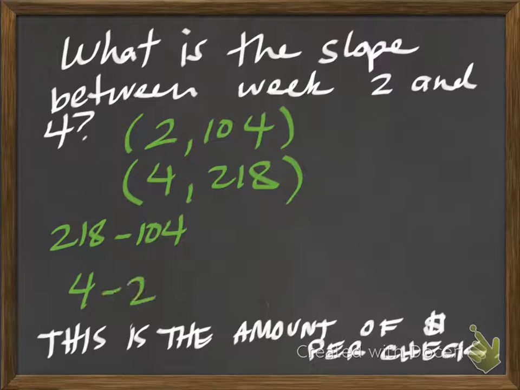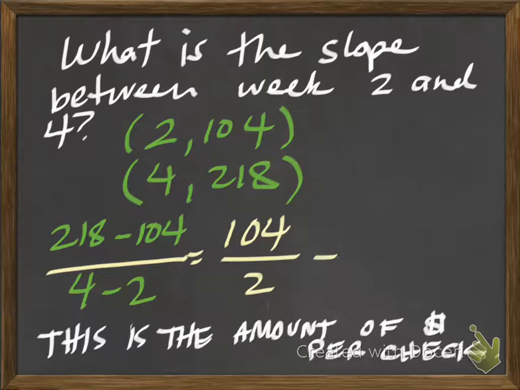And then remember also that after we did that, we divide. So this is the difference of 104. This is the difference of 2. We divide it. He's got $57, which is the amount per paycheck.